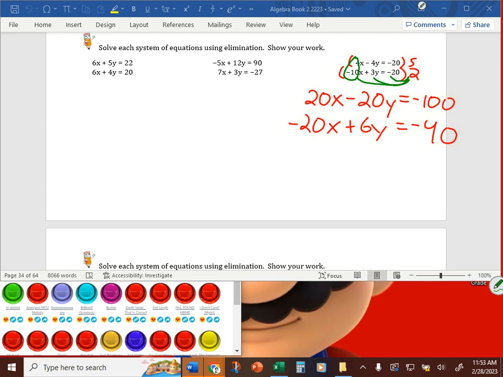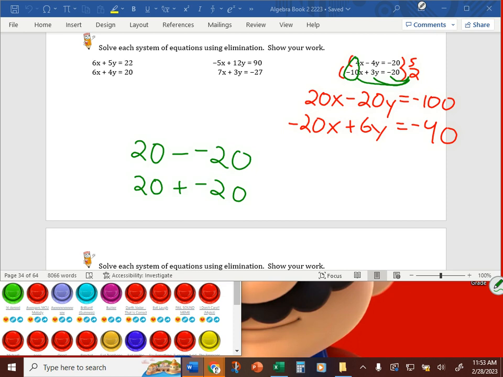Okay. So now I've got this 20x and negative 20x. What operation causes a positive 20 and a negative 20 to cancel out and be 0? Is it 20 minus negative 20 or 20 plus negative 20? Which one of those equals 0?